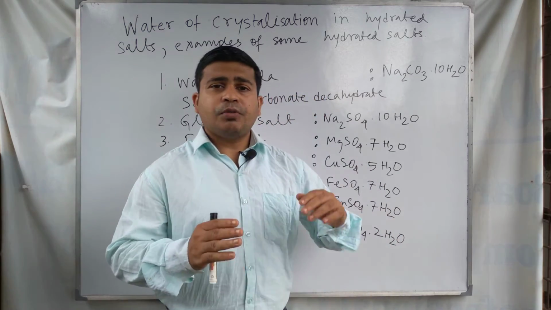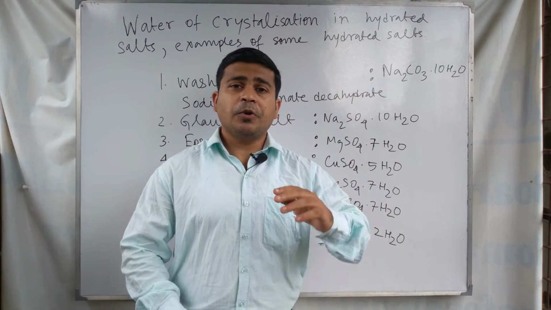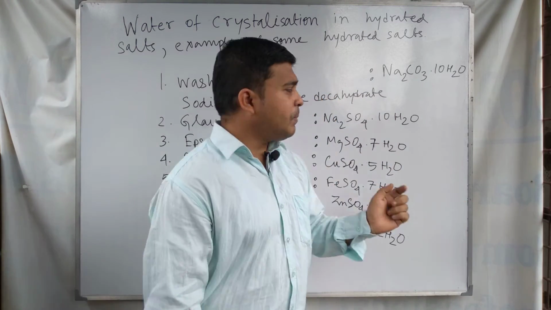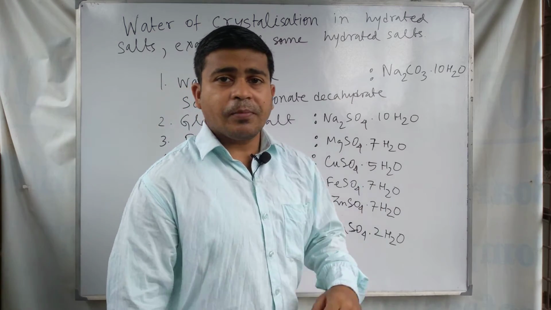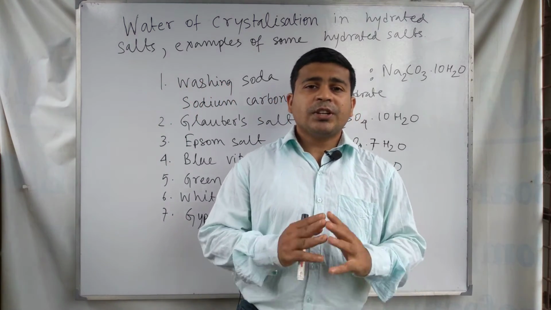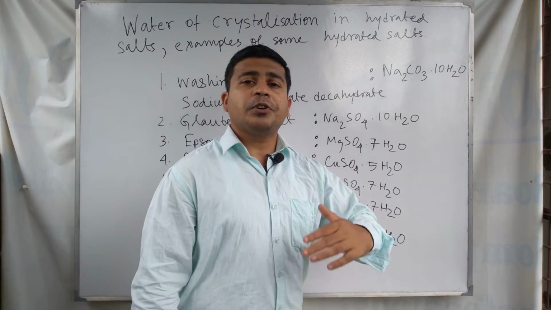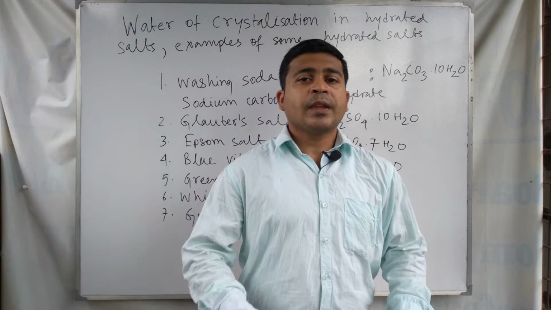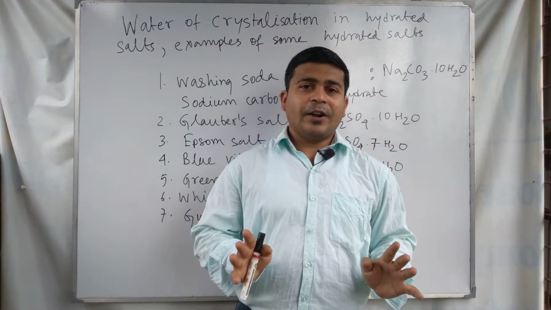Okay, and some salts change their color when they are heated. For example, if we talk about blue vitriol, it is blue in color, but on heating this copper sulfate .5H2O, from this pentahydrate the 5 water of crystallization are lost completely, and anhydrous copper sulfate is formed, which is white in color.